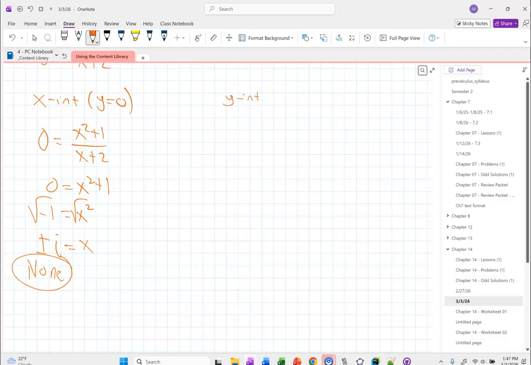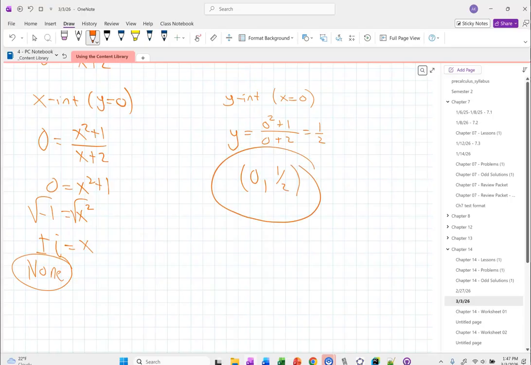For the y-intercept, here we just plug 0 in for x. That's the easiest thing we do.